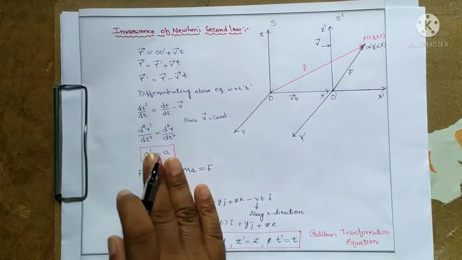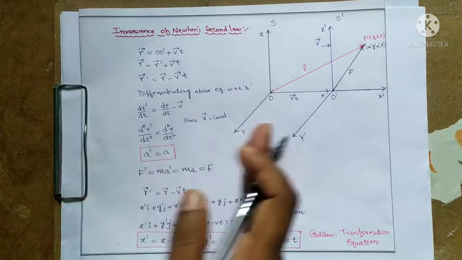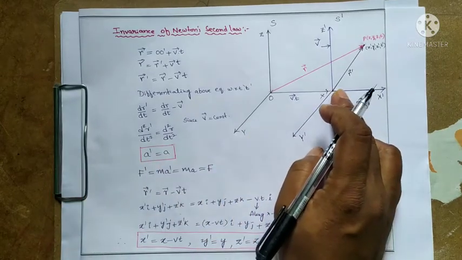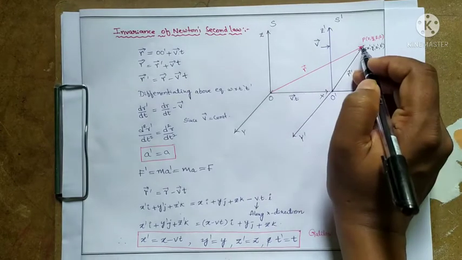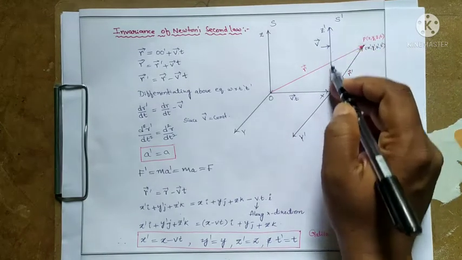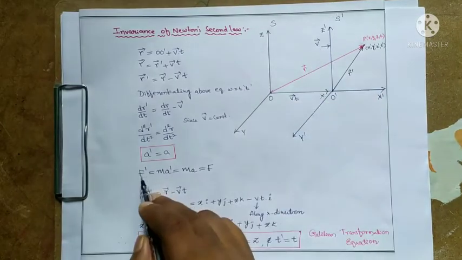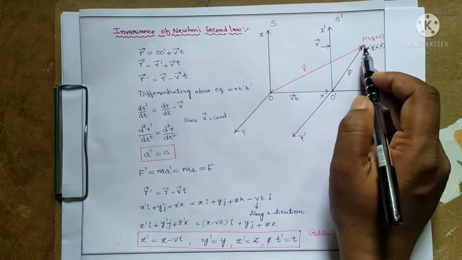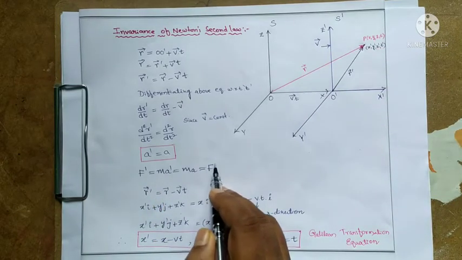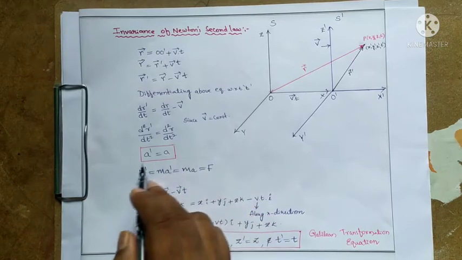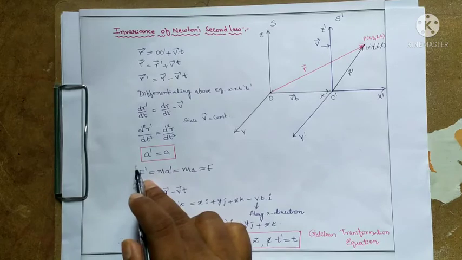That means if you see from any frame of reference which is fixed and another frame which is moving with constant velocity, the acceleration is the same with respect to both frames. Then the force experienced by the object can be written as ma prime equals ma, that is equal to ma. So this is the invariance of Newton's second law in these two frames of reference.